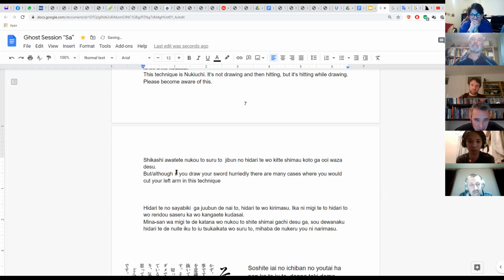So what he's actually saying is this is a technique where if you hurriedly draw the sword, there are many cases where you could cut your left arm. That's how I'd explain it in English. That's a lot better English than mine. Yeah, I'm just used to doing this.